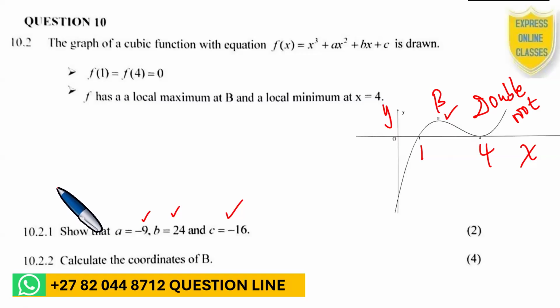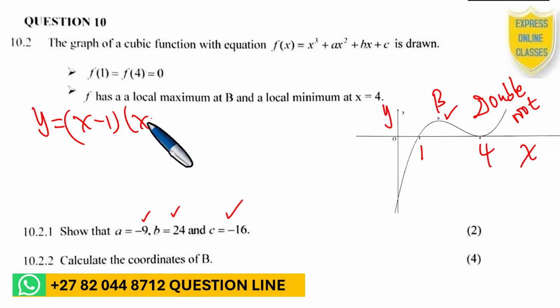So in 10.2.1 you'd have y equals x minus 1, x minus 4 squared.